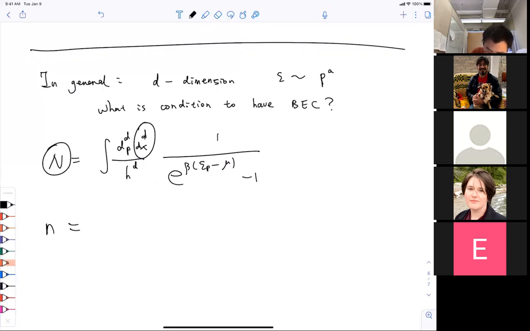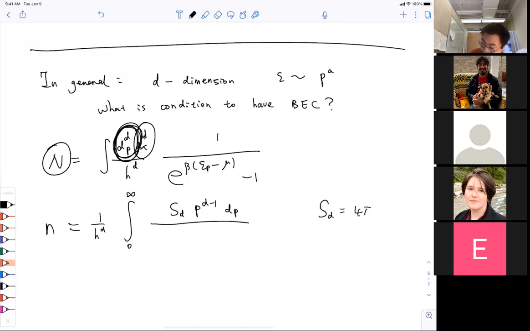The right-hand side is this: the integration over the momentum from 0 to infinity, and S_D is the solid angle of a d-dimensional sphere, times p^(D-1) dp. So S_D equals 4 pi for 3 dimensions, and 2 pi for 2 dimensions. It's a numeric constant.